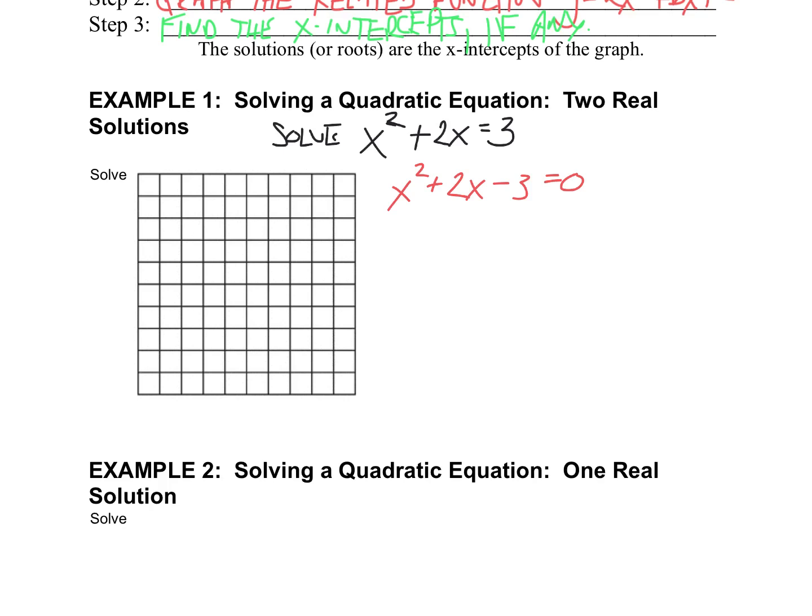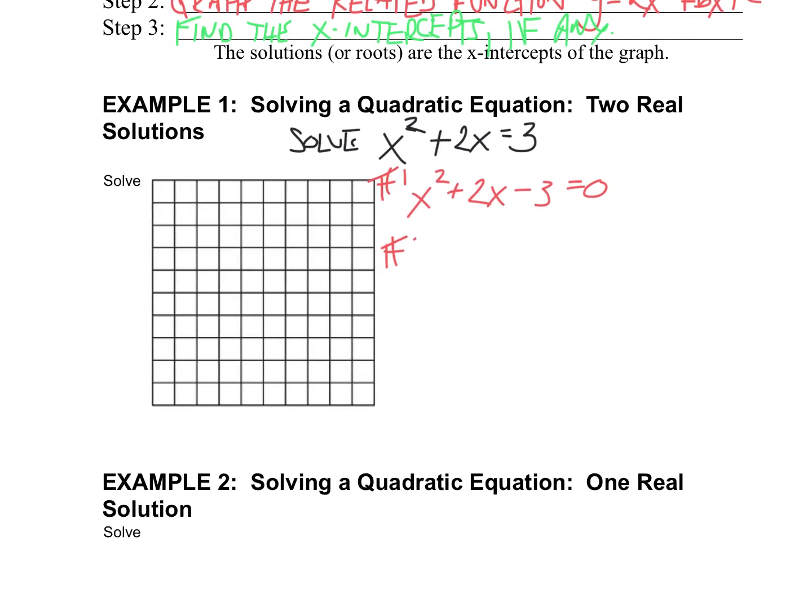So here's what we're going to do. That was step number 1. Now we're going to make the graph. What I want to do is graph x squared plus 2x minus 3. Just looking at how we graphed in the last chapter, Chapter 8, my axis of symmetry will be at negative b over 2a, or in this case, negative 1.